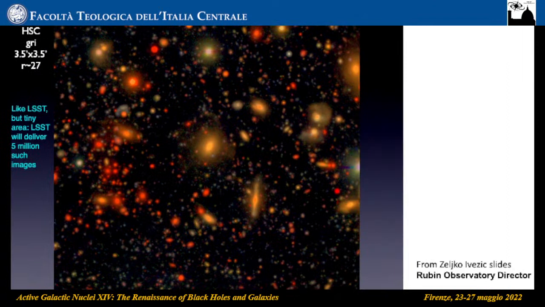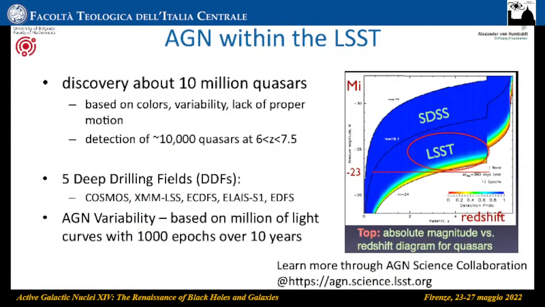And when it comes to AGN, the rate of discovery is that it will be about 10 million quasars. We hope that we will be able to go very deep as well. About several thousand quasars will be detected at very high redshift. And as I said, there will be 5 deep drilling fields, which will coincide with other very important missions. Just recently, another deep field has been added to coincide with the Euclid deep drilling fields.